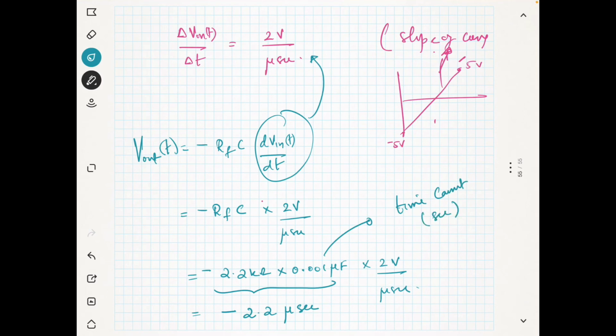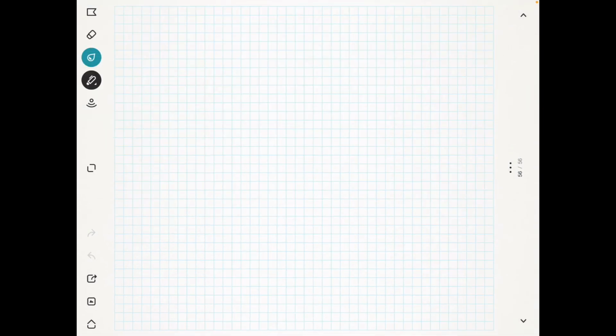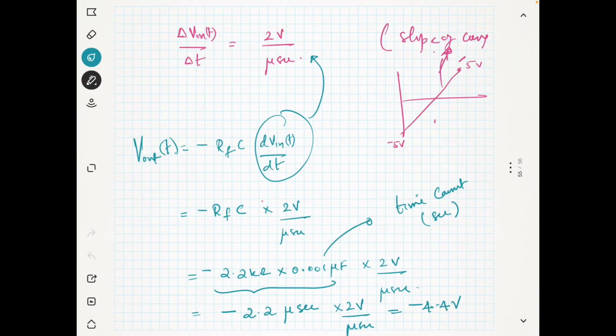If you multiply these numbers, you will get 2.2 micro, then add second also, into 2 volt per microsecond. So you will get minus 4.4 volt. You got the answer as minus 4.4 volt.